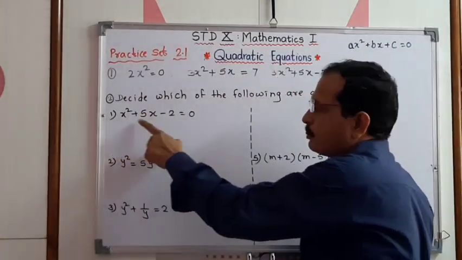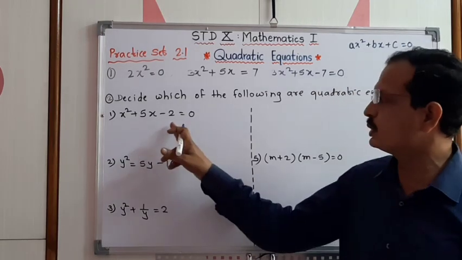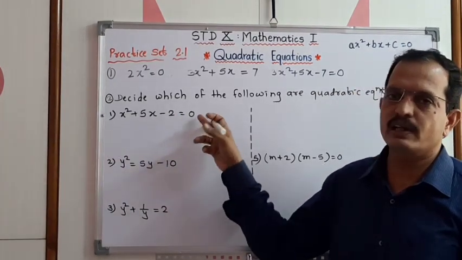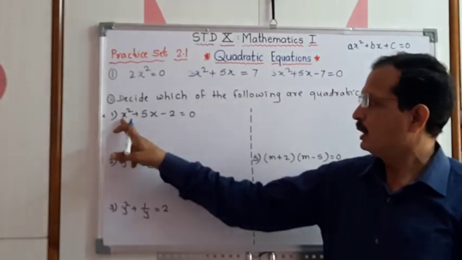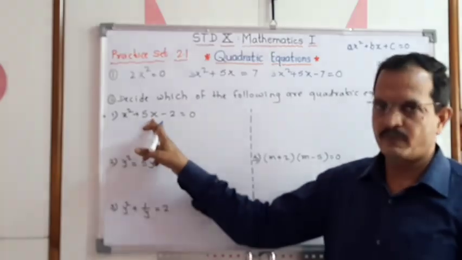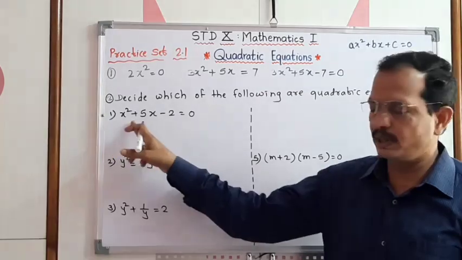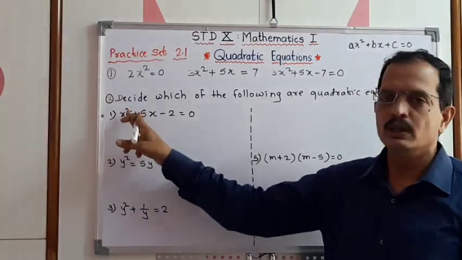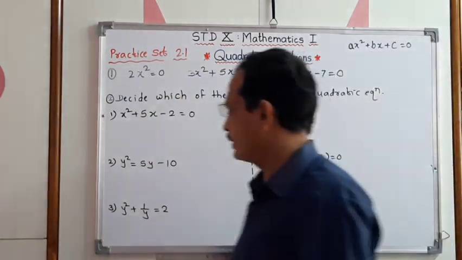Now see the first question. X square plus 5x minus 2 equal to 0. It is already given in the standard form. See, the variable is one, x is the only variable and the maximum index of the variable is 2. Therefore it is a quadratic equation.